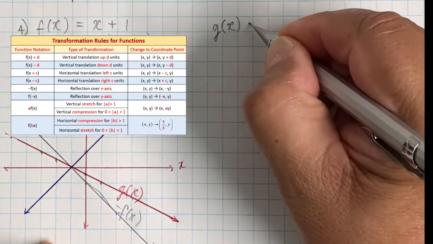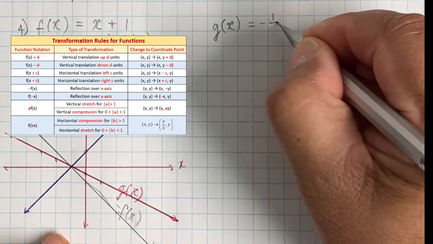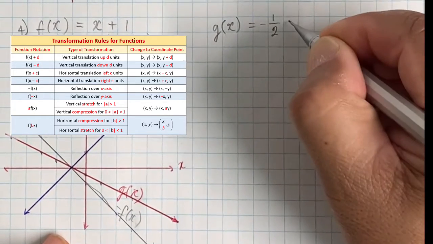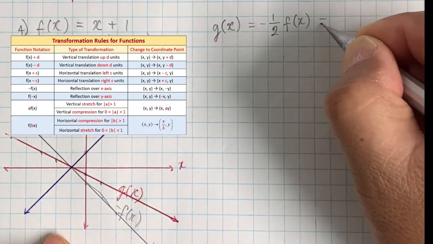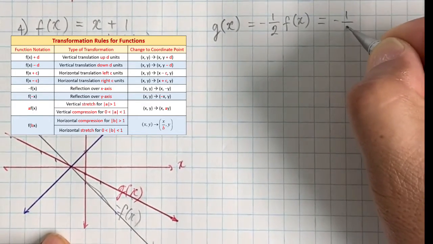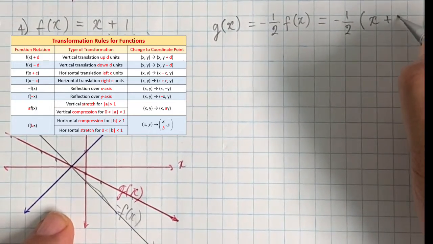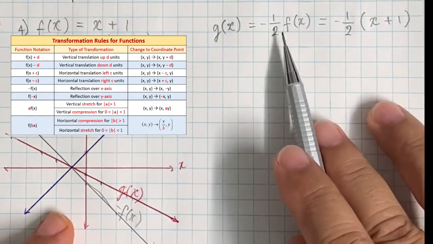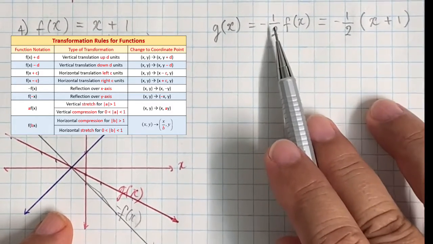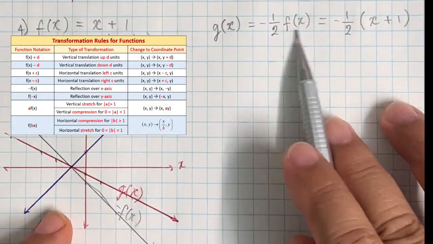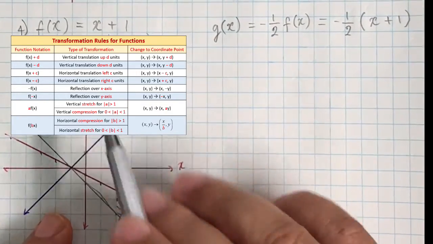So g of x in this case is going to be negative 1/2 of what? Of f of x, right? So that's the same as negative 1/2 times x plus 1. You see? This negative 1/2 is that negative 1/2, and this f of x is x plus 1.